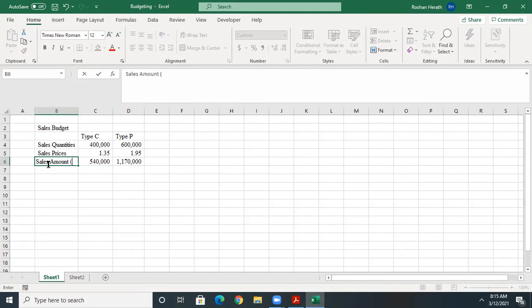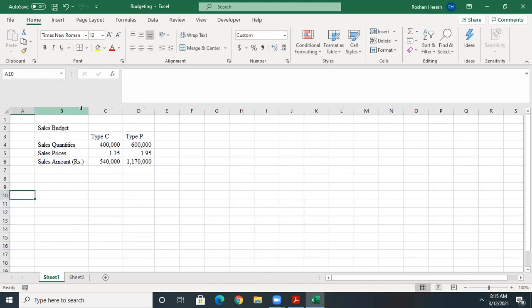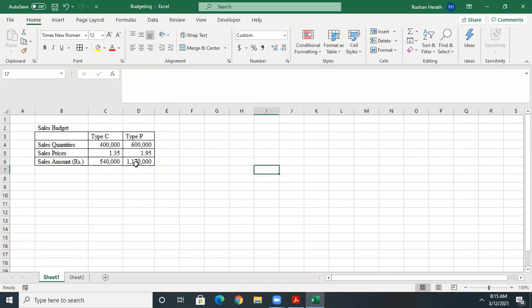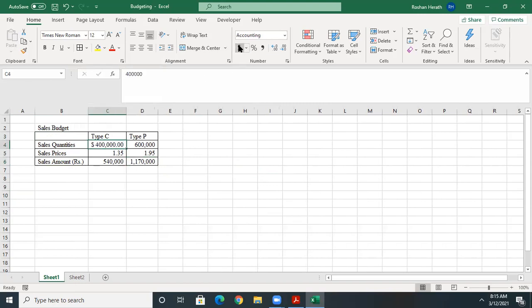Sales amount. So there it comes, 540,000, and it is 1,170,000 for type C and type P. You can even denominate in the underlying currency.